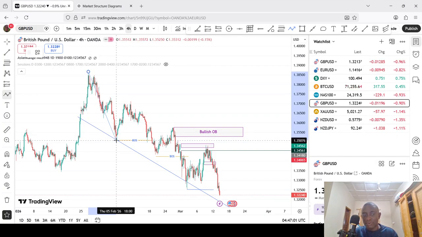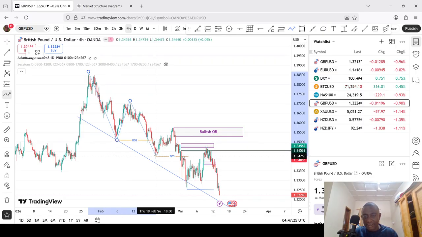Okay, so the assumption here was just one big move. Price came around this zone. So instead of price going all the way up, this will be our strong high. Price going all the way up to this, it didn't. It took this point around this zone, then it broke this level again, like that.